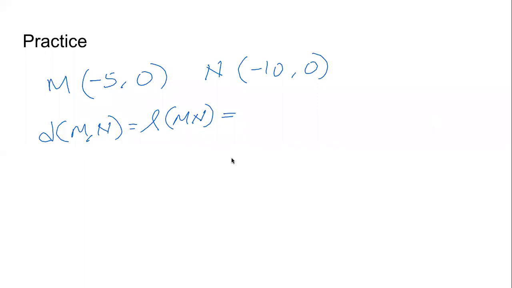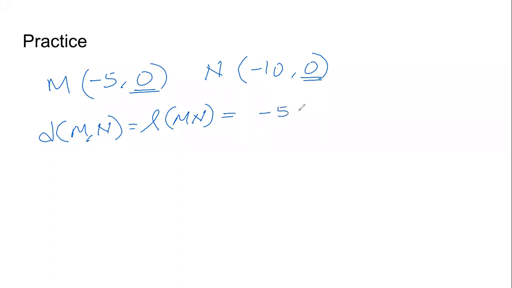If you pay attention to the screen, you clearly see that the y coordinate of both the points is zero. That means points M and N are on the x-axis. And when both the points are on the x-axis, all we need to know is which is the bigger coordinate and which is the smaller coordinate. Between minus 5 and minus 10, we know that minus 5 is bigger.